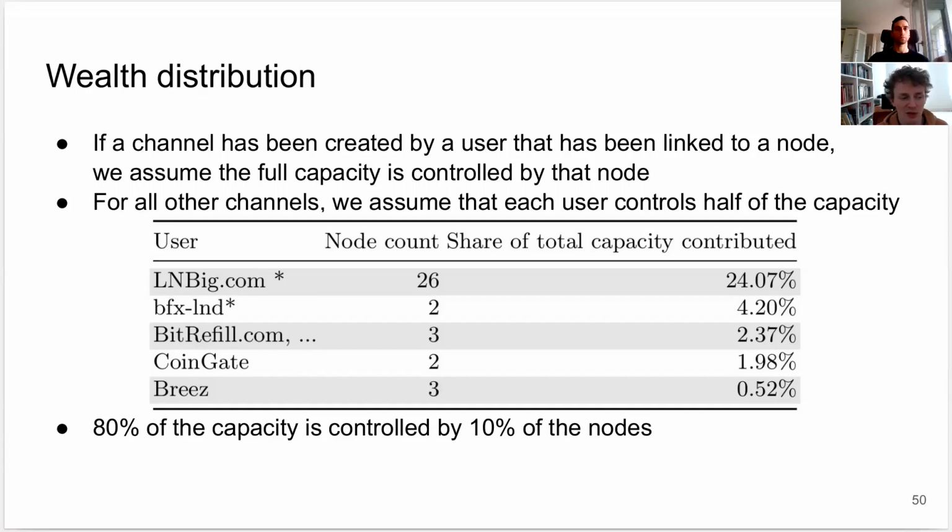And it turns out that this LN-Big service that we've previously seen seems to control 24% of the entire Lightning Network capacity at the time of our dataset. Now, the next larger ones don't get close to this, but still have higher percentages. Overall, 80% of the capacity seems to be controlled by 10% of the nodes.